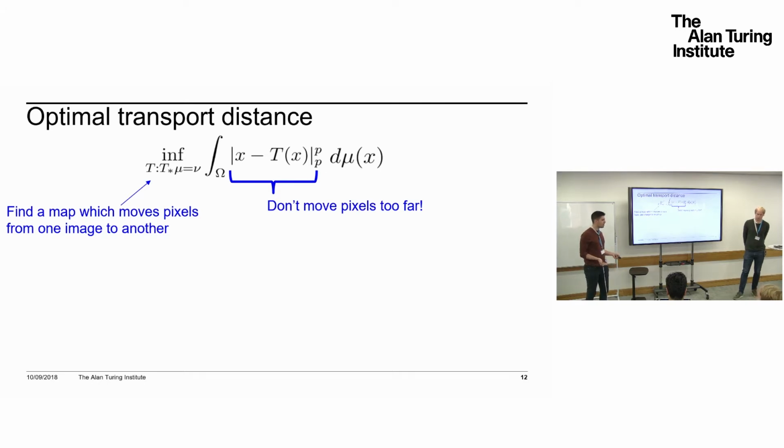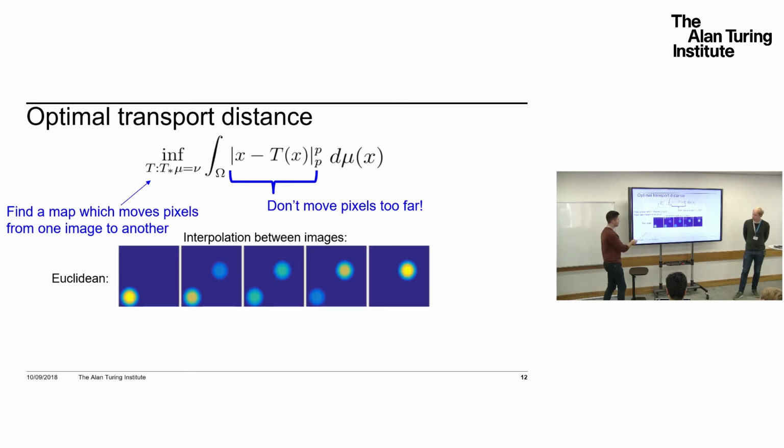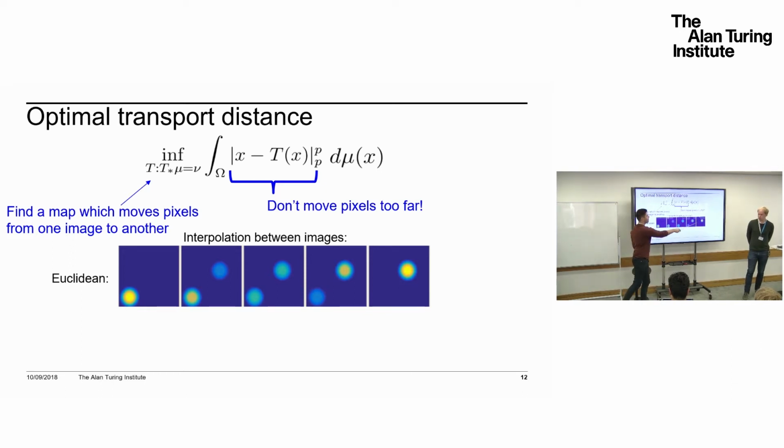And what does this look like? If I was to think about this image, and I want to move this image onto this one, if I was to do this in a Euclidean way of just seeing how far I was moving, I would chop some of the density off this image and just move it to the other location.